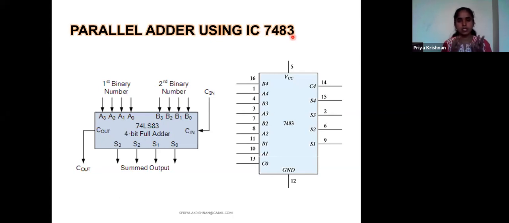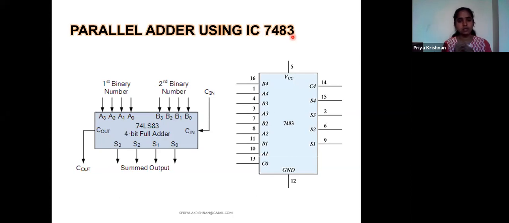To construct a full adder, you need 5 different gates connected together. How many full adders do I want? I want 4 full adders. So in total I need to accommodate 20 gates, and the circuit will be completely complex. I can't resolve it if something goes wrong.